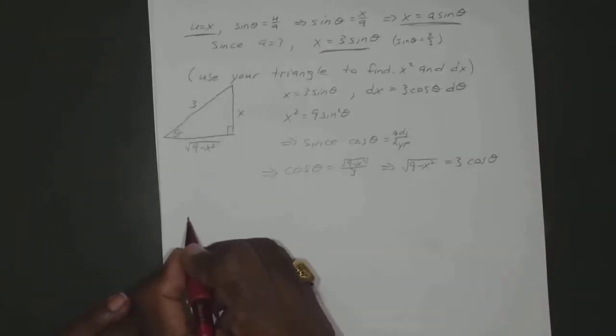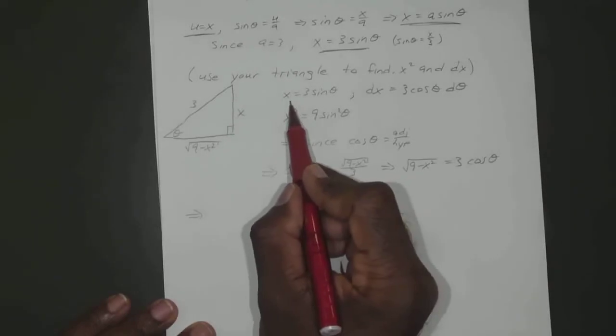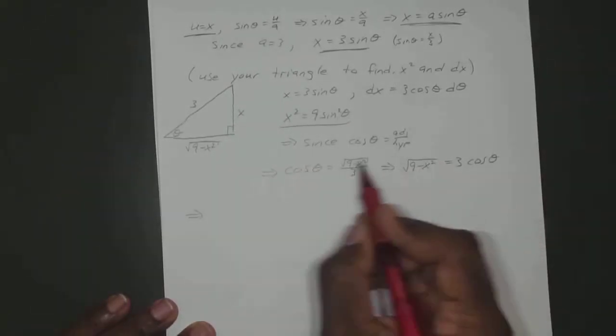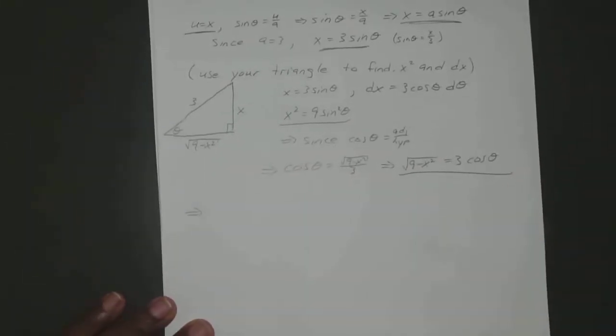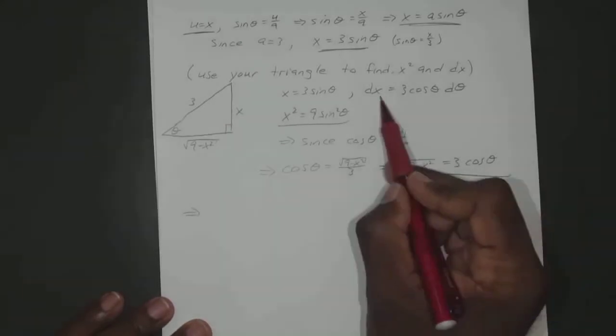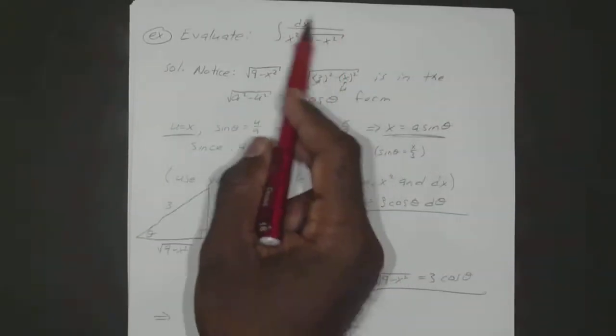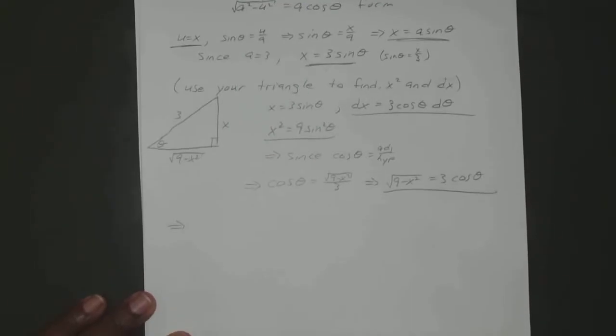So now we're going to use everything we just figured out, our x squared, our square root of 9 minus x squared, and our dx, and replace all of those with what we have here.